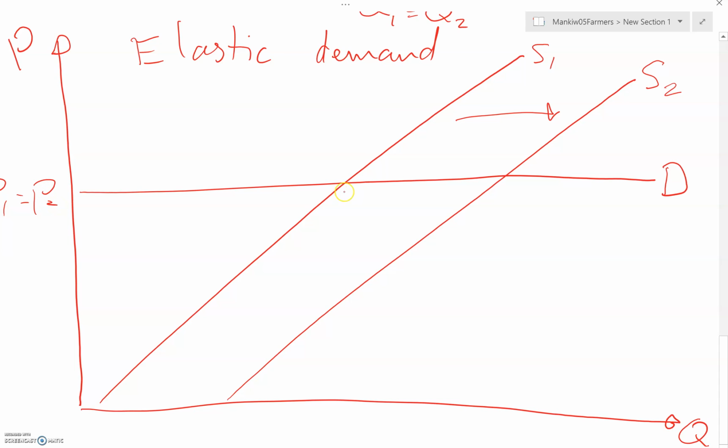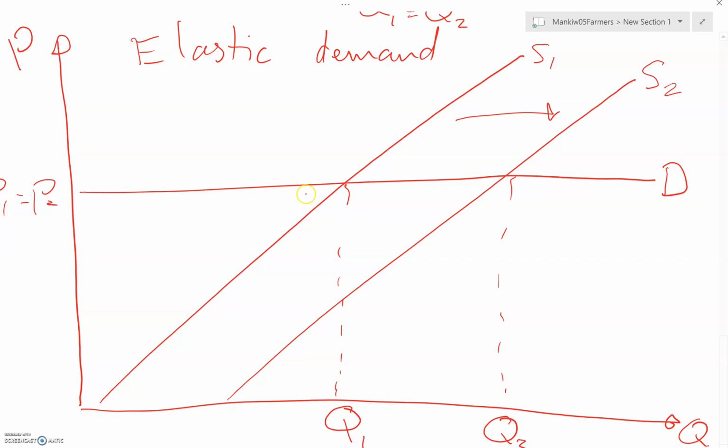And now what's happened to quantity? Here's our initial quantity, and here is our final quantity. So in this situation, revenue must have gone up.